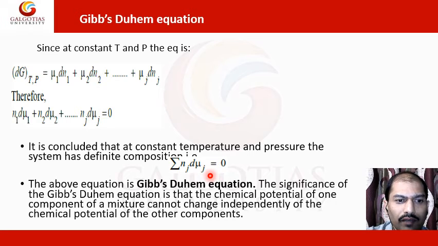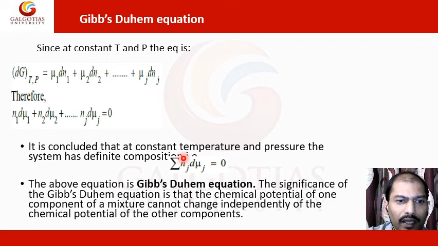It has very much significance. This equation says that the chemical potential of one component of a mixture cannot change independently of the chemical potential of the other components.